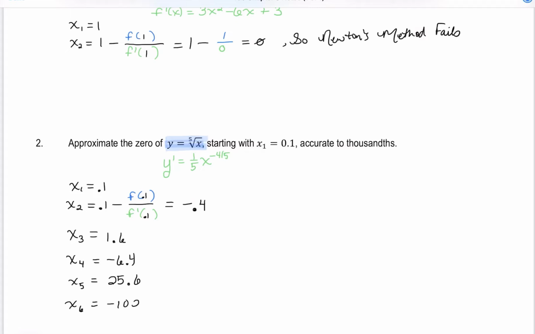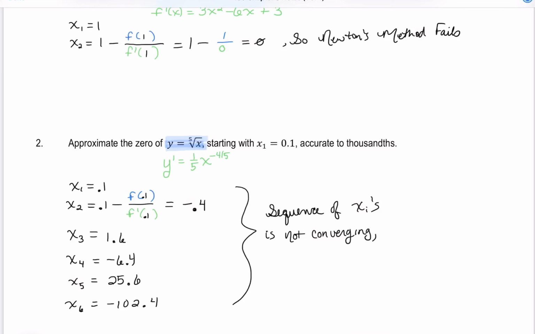What you should notice is that these values are getting further and further apart, and they're bouncing back and forth between positives and negatives. It's not like they're going positive to negative and closing in on 0. They're not. You go from negative 4/10 to 1.6 to negative 6 to 25 to negative 102. So this is a situation where we can see numerically that the sequence of x sub i's is not converging. This is another example where Newton's method fails.